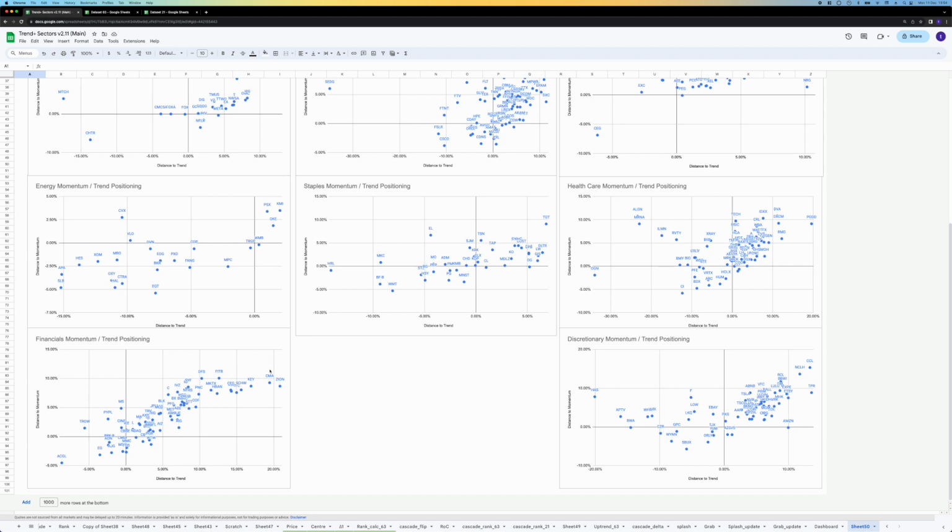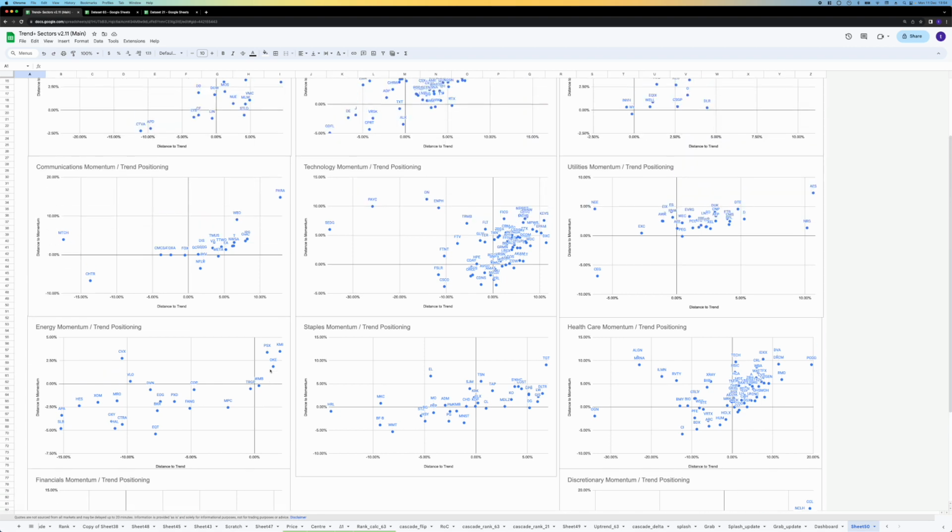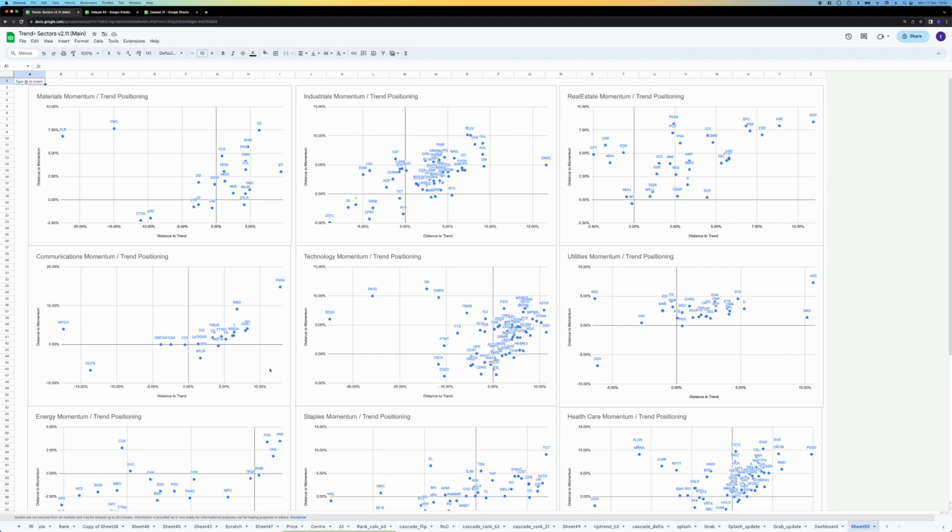Financials are up and to the right, which is interesting. But it's all in the chart deck, so you can have a closer look, and I'll put a link to that in the notes below the video.